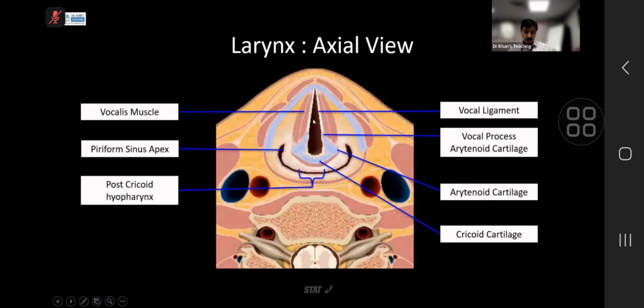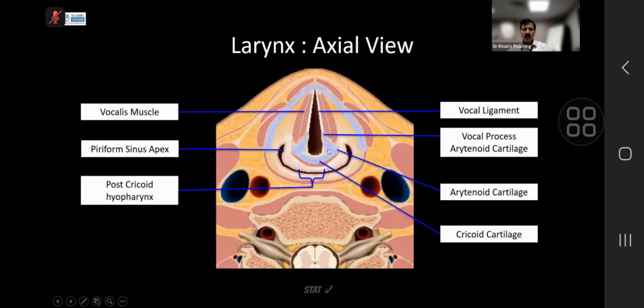Look here. Key point. I always say that in laryngeal imaging, if you ask me, please tell us one tip in laryngeal imaging which will help us to orient ourselves. The tip is that look for a slice where you can see two cartilages, one on top of other.